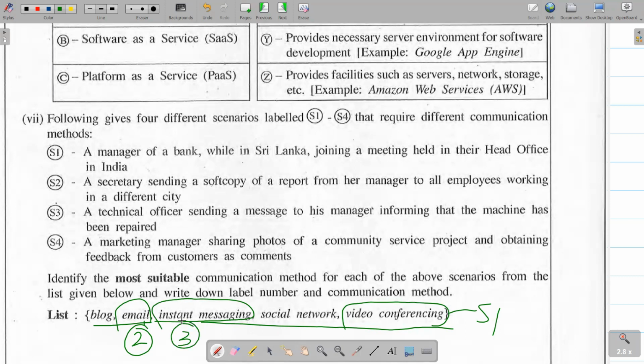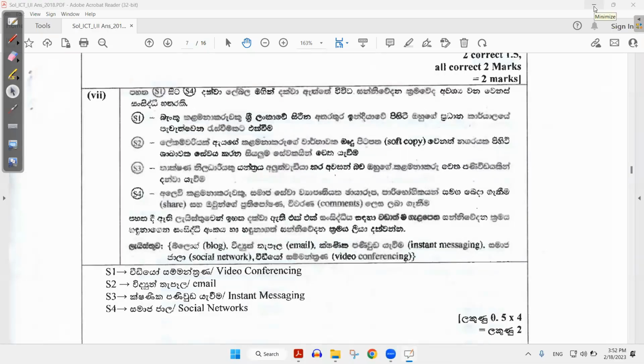And finally, a marketing manager sharing photos of a community service project and obtaining feedback from the customer as comments. So it's the social network. Right, so let's go with the marking scheme as well. Yes, S1 is video conference, S2 is email, S3 is instant messaging, S4 is social network.